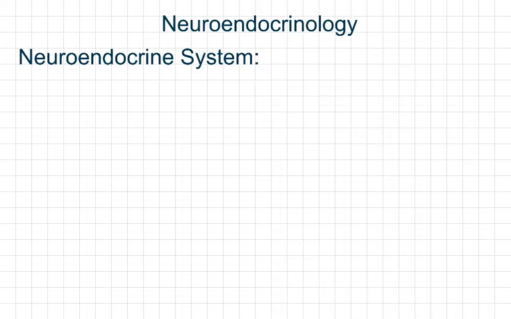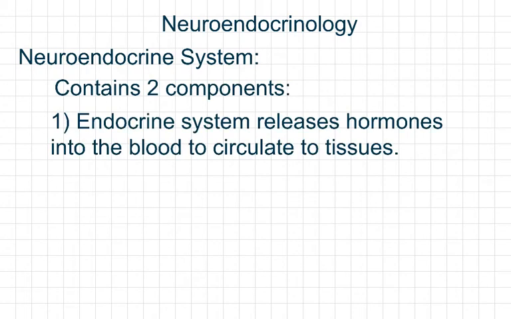And so within this field of neuroendocrinology, let's get into some of the nuts and bolts. First, let's define what the neuroendocrine system is. The neuroendocrine system contains two components. The first is the endocrine system itself, and this is the system that releases hormones into the blood system to get to its target tissues. The endocrine system contains a series of different glands that contain these elements called hormones.